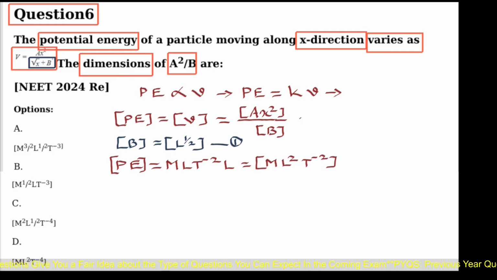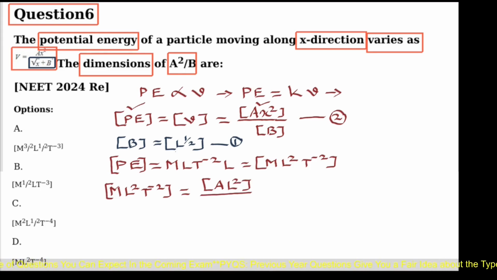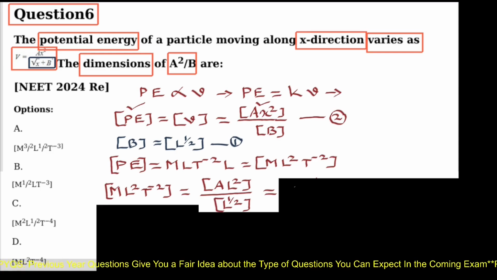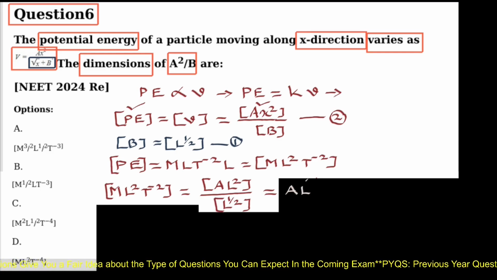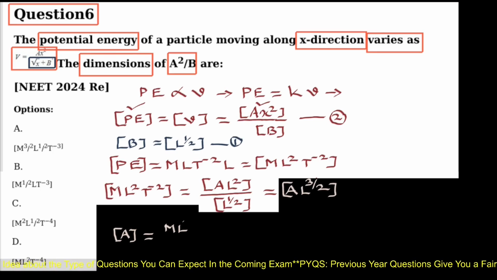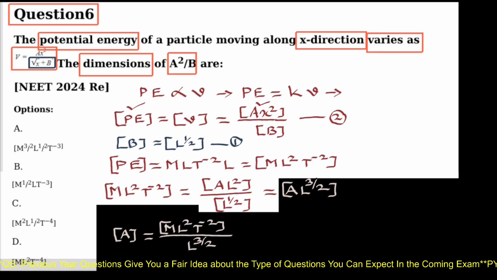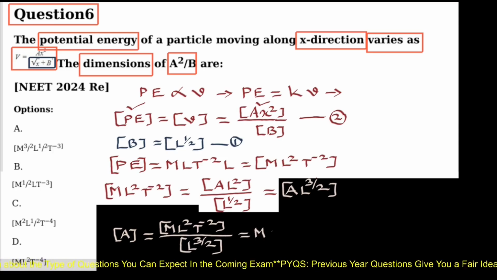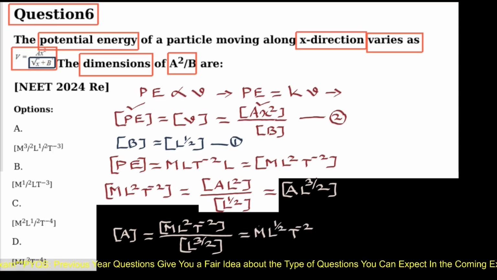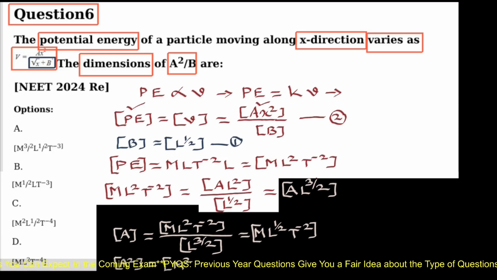We name this 2. So from this equation 2 we write dimension of PE, m L square t raised to minus 2, equals dimension of a x square, which will be a, x is length along x-axis, so L square, upon dimension of b from 1, which is L raised to half, that will be a L raised to 3 upon 2. So a will be m L square t raised to minus 2 upon L raised to 3 upon 2. That gives m L raised to half t raised to minus 2, and a square is m square L t raised to minus 2. We name this 3.